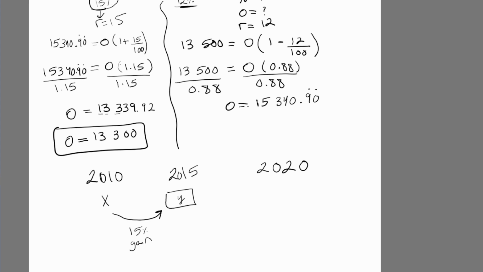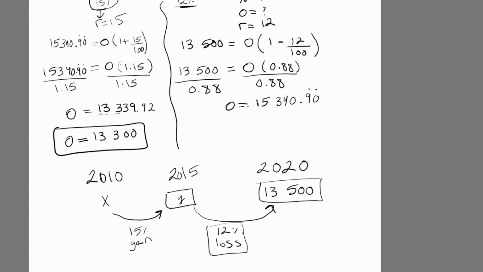A whole new number here, Y, okay? And then Paul sold the car in 2020 at a 12% loss. Now, what we were given is that when he sold it at a loss, he sold it for 13,500. So through knowing that there was a 12% loss and that this is the amount of money he sold it for, we know that this is the new price and this is the loss, R equal 12.